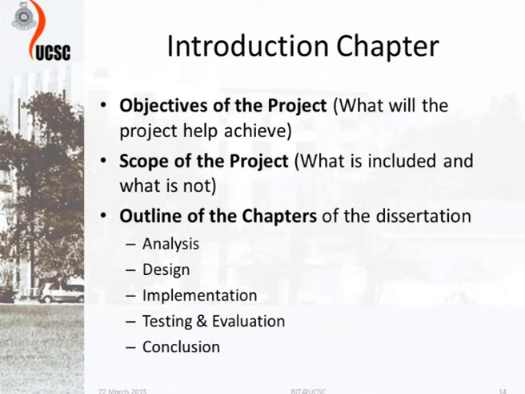A project will always have a set of objectives, and the collection of those objectives will achieve your overall goal. You need to mention that clearly, then only the reader will know what you are actually trying to achieve through the project. So, that is an important part.